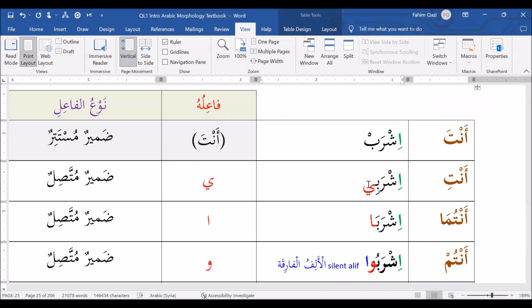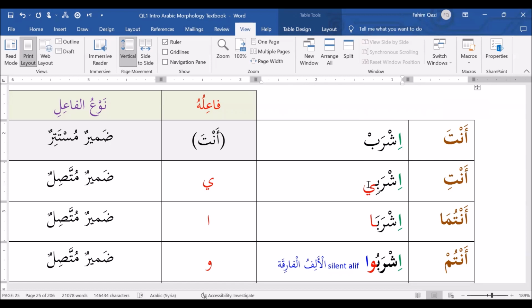And the alif that you see here, which is in green, represents hamzatul wasl. This hamzatul wasl is something we studied in Easy Introduction to Arabic, Book 1. And for those of you who have forgotten it, on the next page, there's a review.